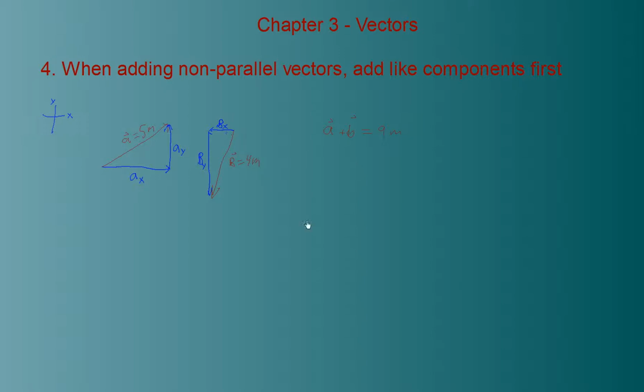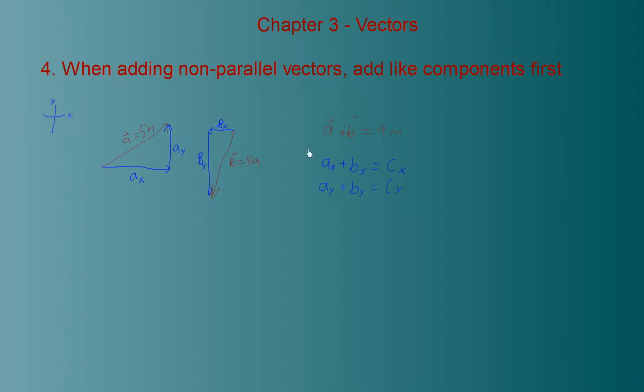Whatever AX and BX are, we can just add together mathematically. So we can go AX plus BX equals, we'll call it CX. And we can go AY plus BY, we'll call that CY.